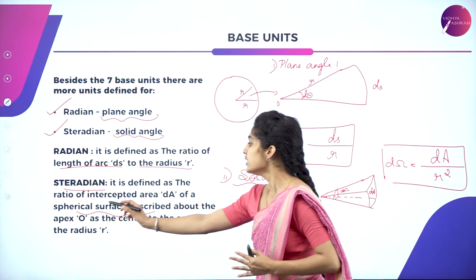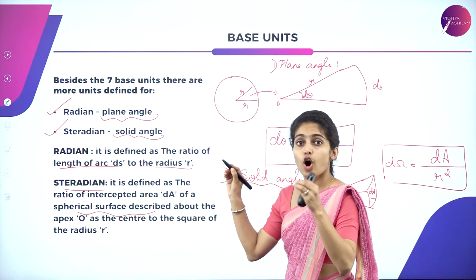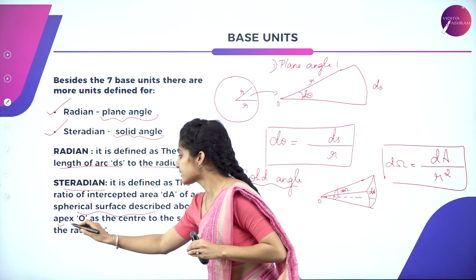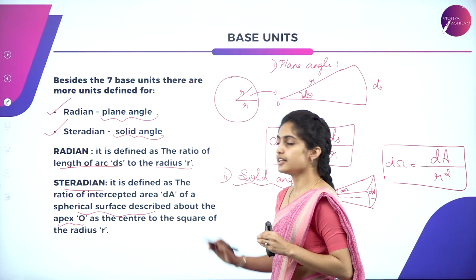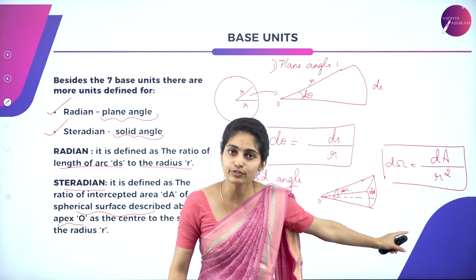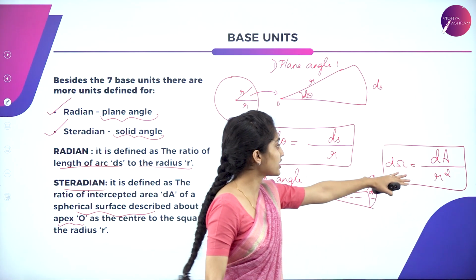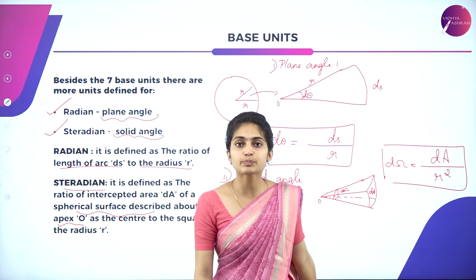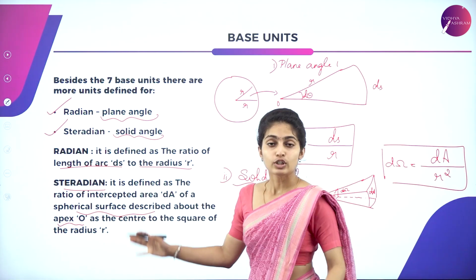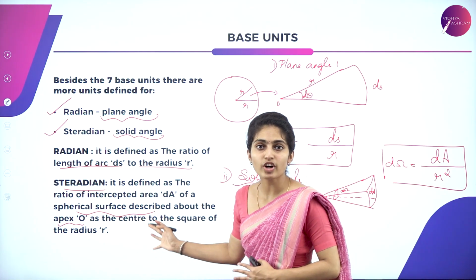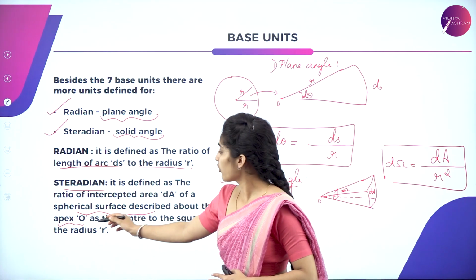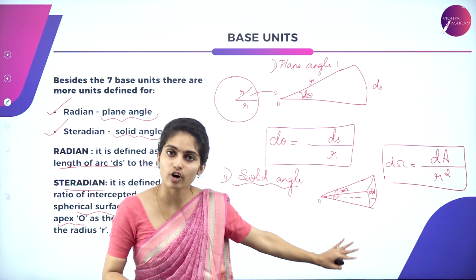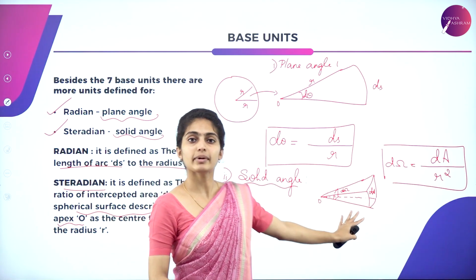So here it is a spherical surface with apex O as a center, to the square of radius. So it is the ratio of intercepted area of a spherical surface which is described about the apex O, to the square of radius. That is nothing but steradian.